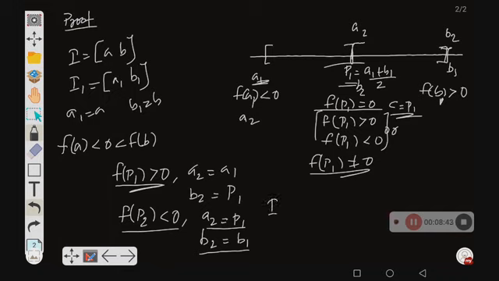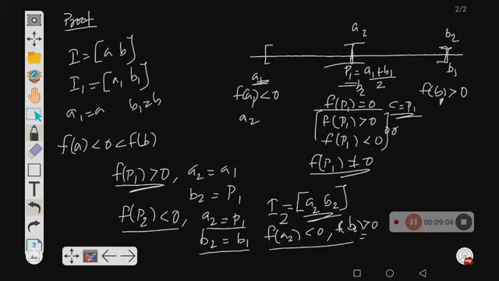Anyway, we are taking a new bisected interval a2 b2, with the condition that f of a2 is less than 0 and f of b2 is greater than 0. You have to set a2 and b2 so that this condition is satisfied.